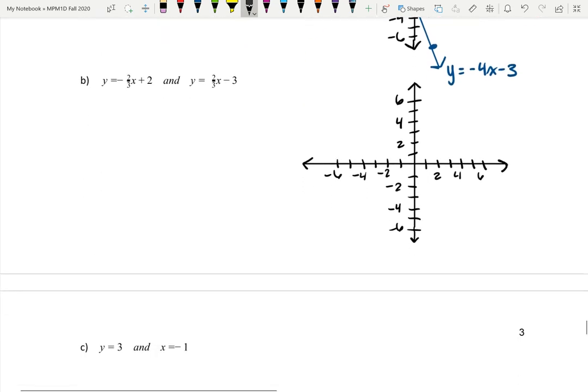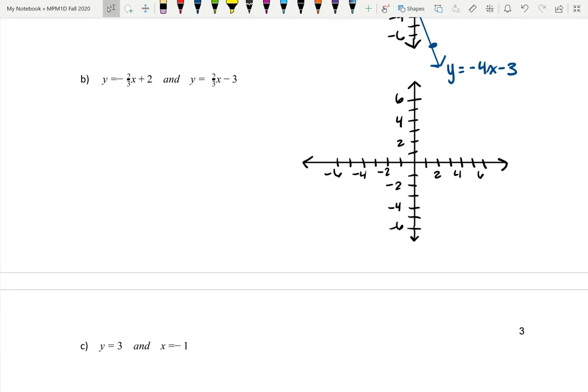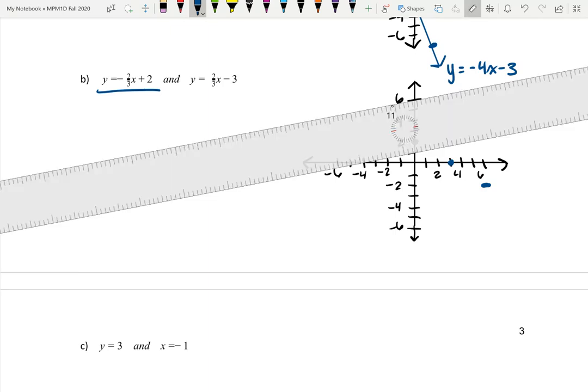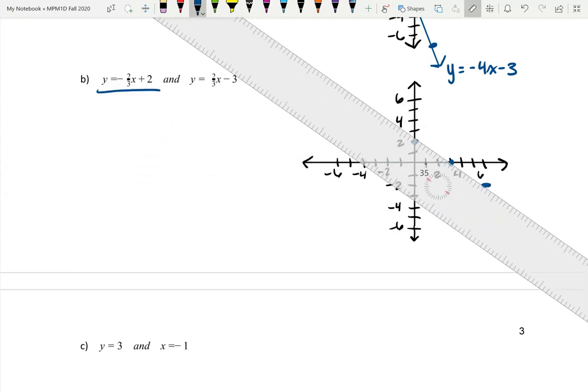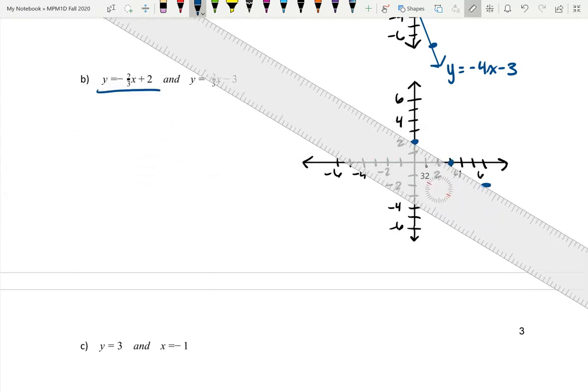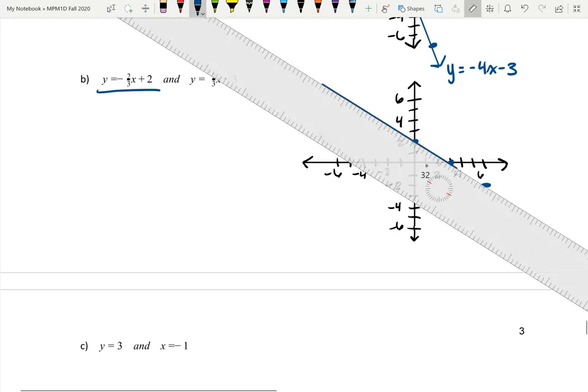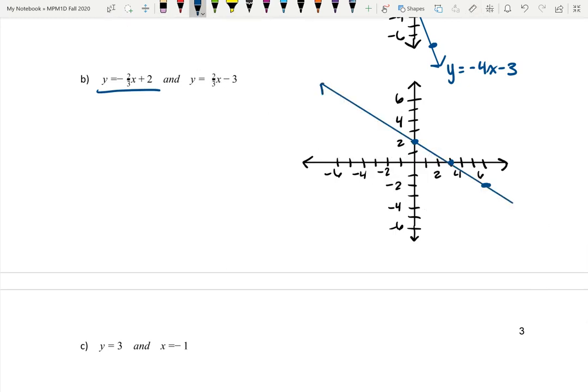Right, and B, so the first line, I'm going to start with my plot of my B, and then my slope is down 2 to the right 3, down 2 to the right 3. Okay, and plotting 3 points is enough for you to then connect your points and create your line.